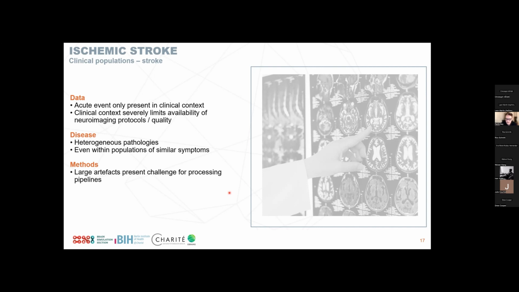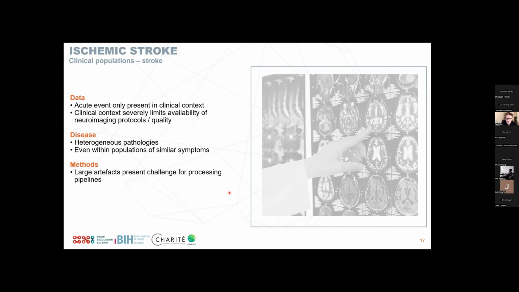I mean, in stroke, there's a saying, time equals brain. So we do not necessarily have the time to run these extensive data acquisition protocols as we do in research, where we just scan healthy students that have a lot of time to actually spend in the scanner, as opposed to the basically terrified stroke patient.